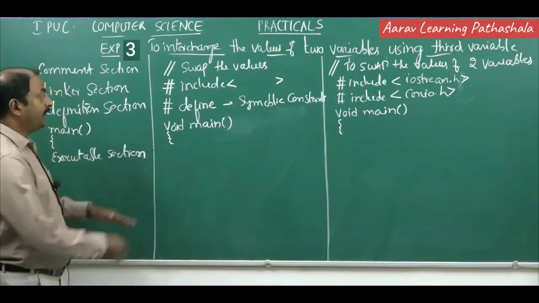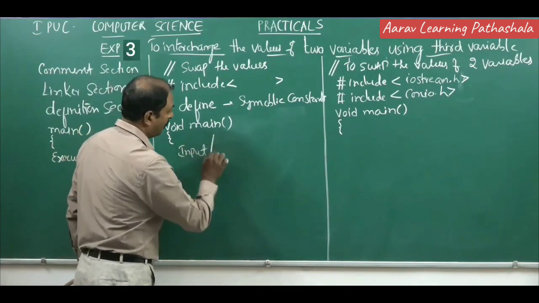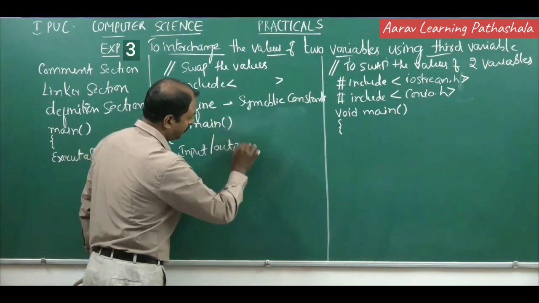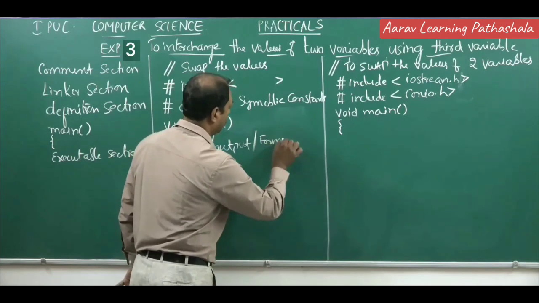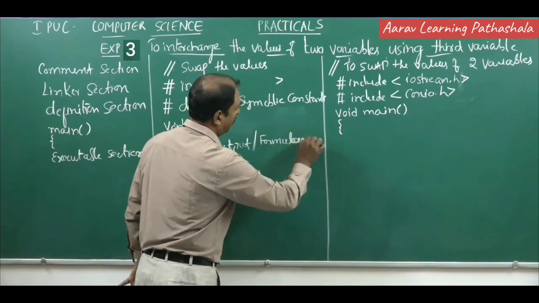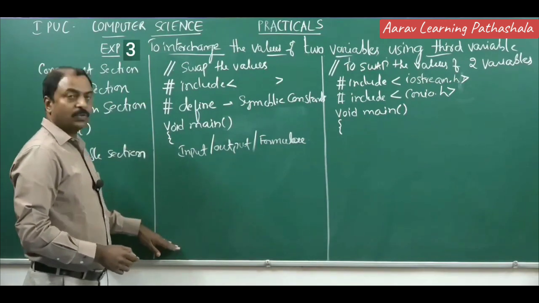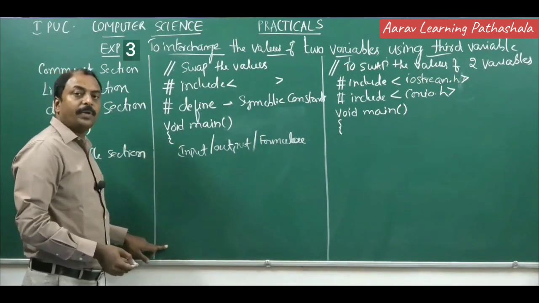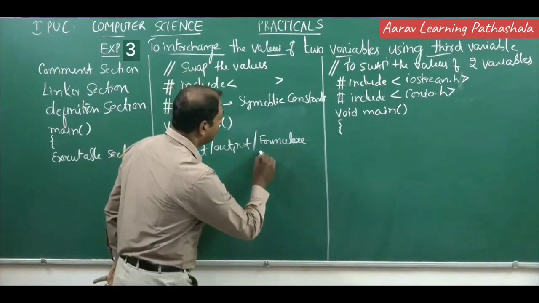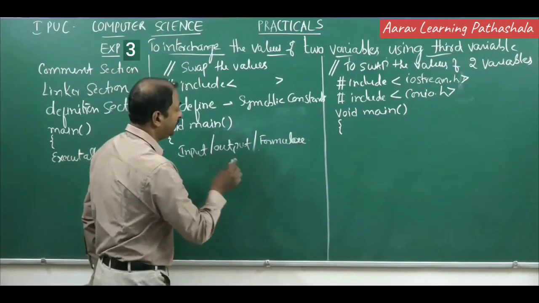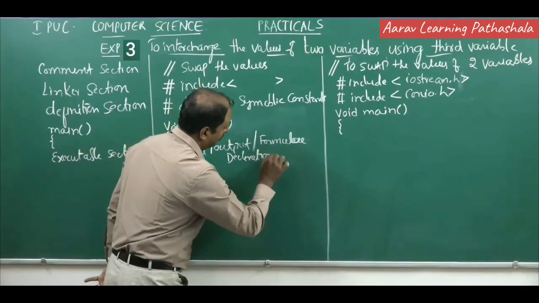Here, inside the executable section, you can have input statements, output statements, formulae, etc. Anything we write between the opening and closing braces will be executed. Next section here is the declaration section. Inside the executable statements, the first step will be the declaration section.